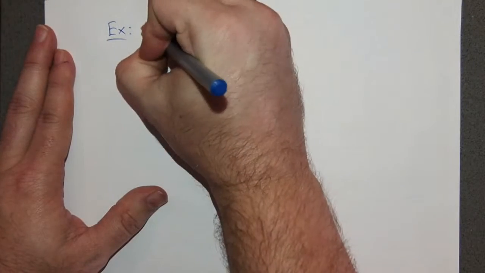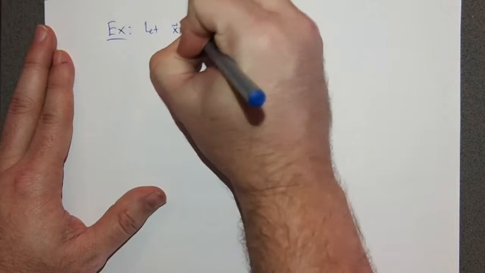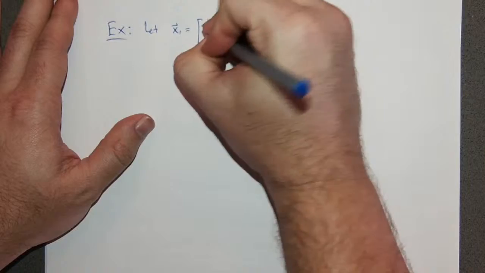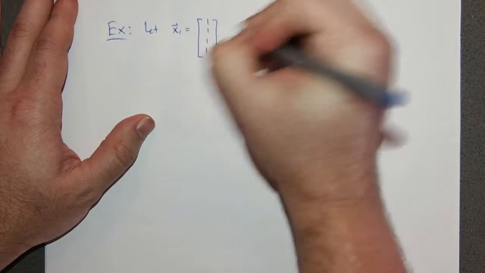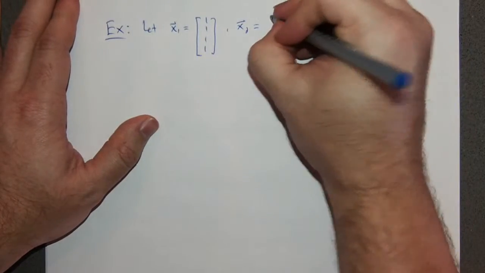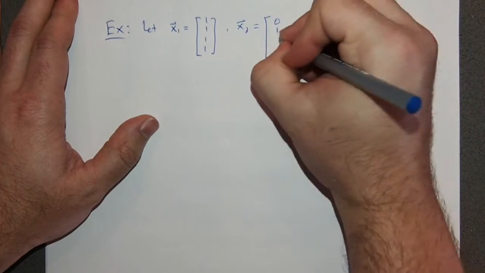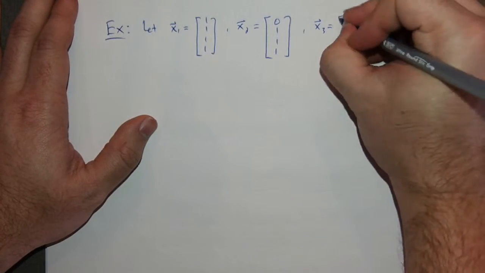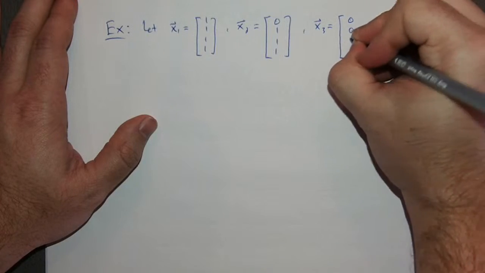So let x sub 1 be the vector 1, 1, 1, 1. And let x sub 2 be the vector, say, 0, 1, 1, 1. And x sub 3 be the vector 0, 0, 1, 1.